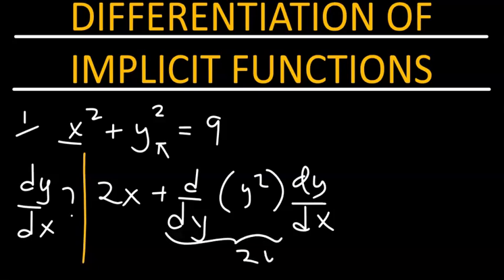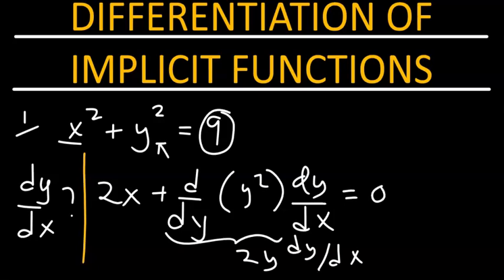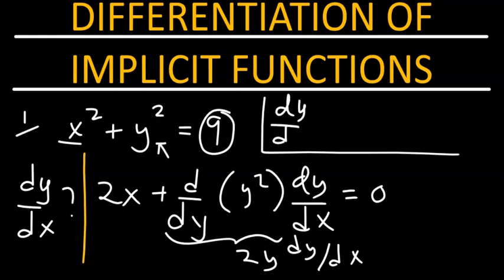It's going to be 2y, and the dy/dx will just follow. Now the term on the other side is just a constant, so the derivative is quite simply 0. So solving for dy/dx, we immediately get minus x over y.